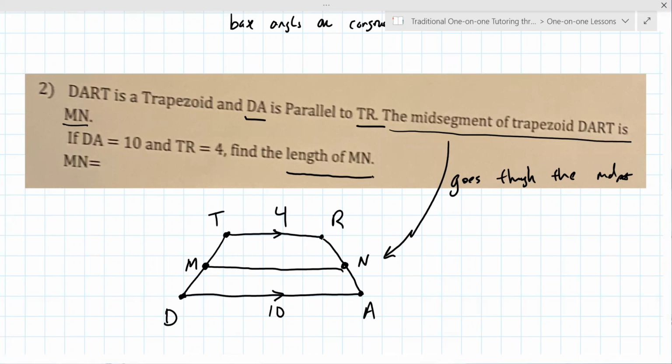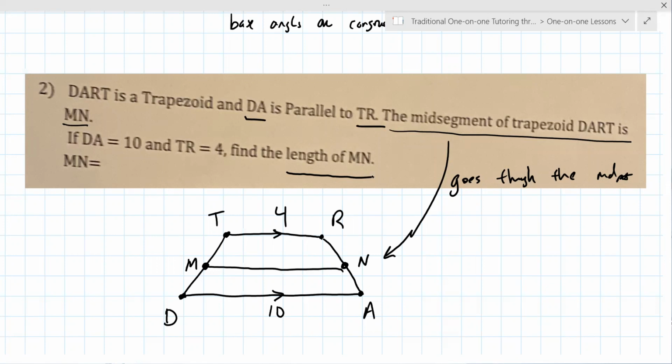Do you remember from class how to calculate that? Do you remember how to find the midpoint?